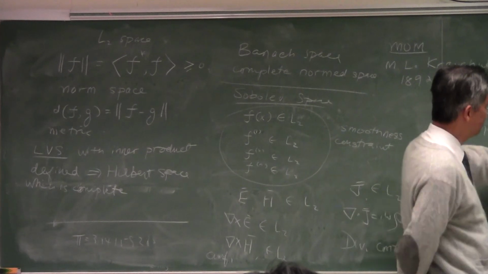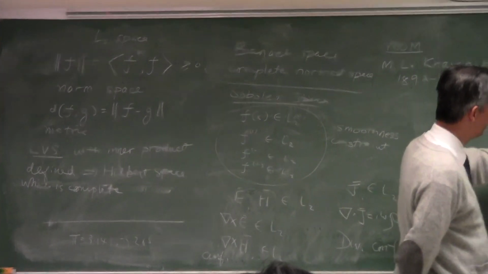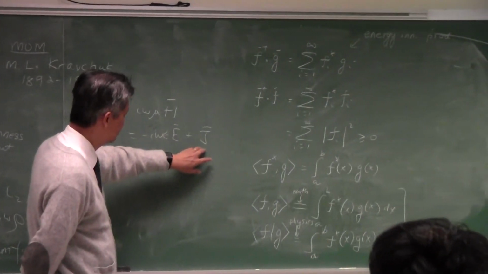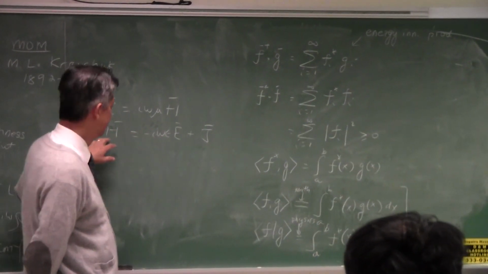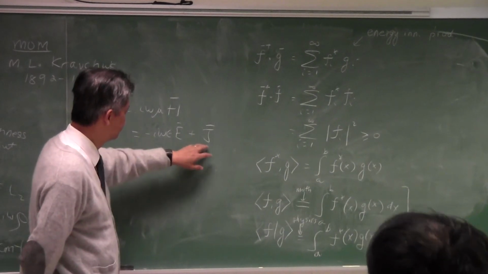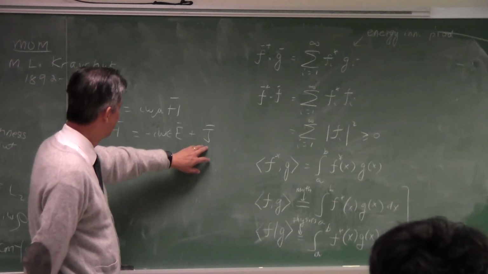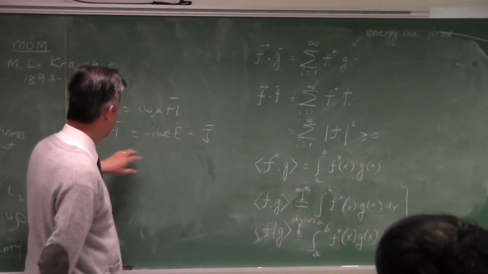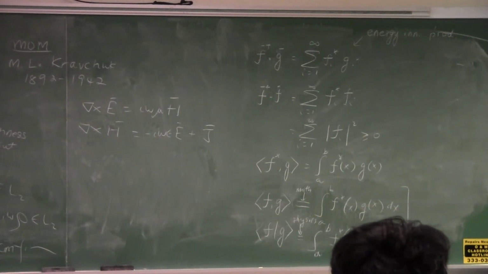I guess if you put current sheets there, you will make this non-curl conforming, but for all real world current sources, this has to be curl conforming. You can put fictitious current sheets there that are not square integrable, and yet you can make this non-curl conforming.